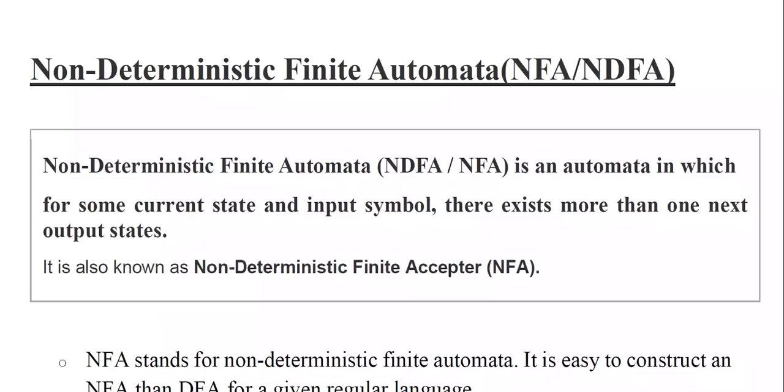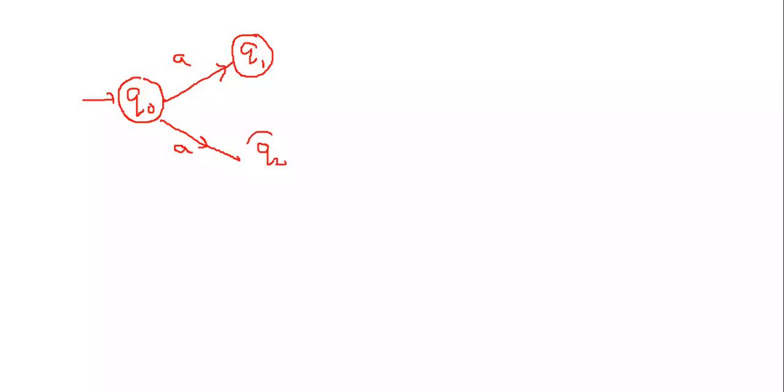Suppose here you have a state Q0. On Q0, on taking some input A, you are going to Q1. At the same time, on the input symbol A, you are going to Q2 also.